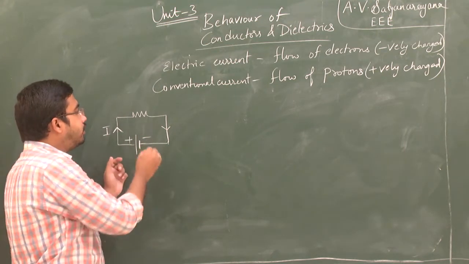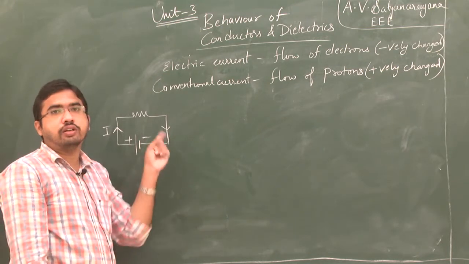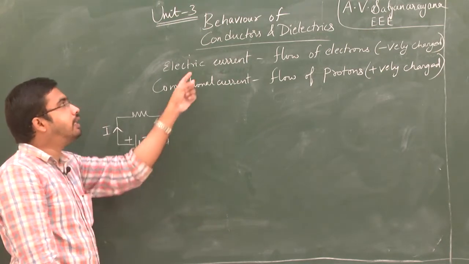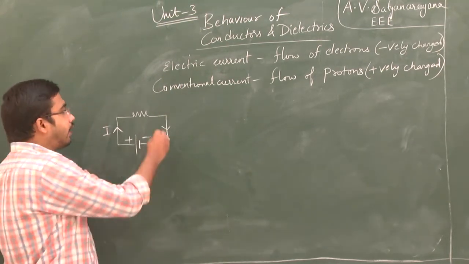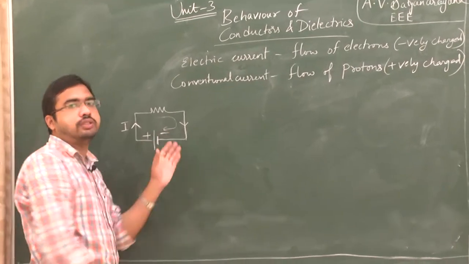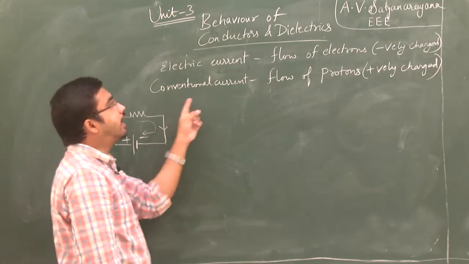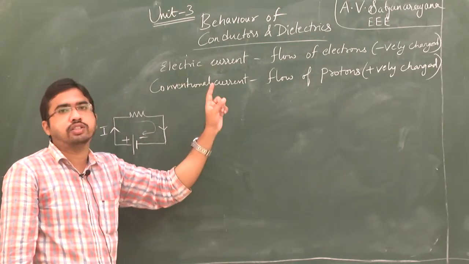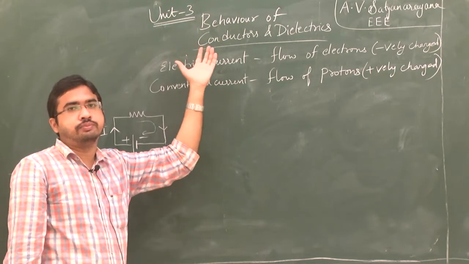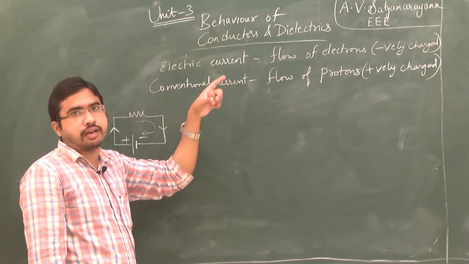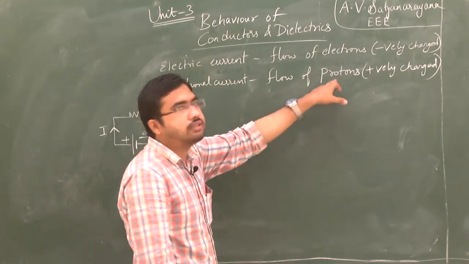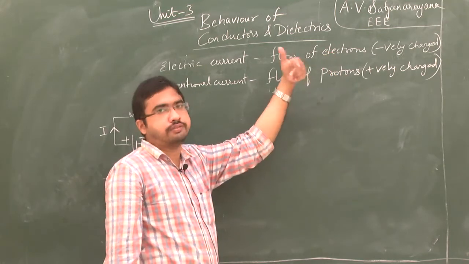Okay, when you are taking the direction of electrons, then how will be that actual electric current? Electron direction will be opposite to the direction of protons. That means proton direction is opposite to the direction of electrons.